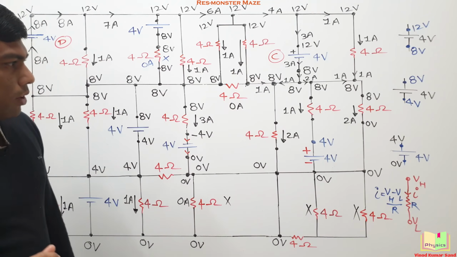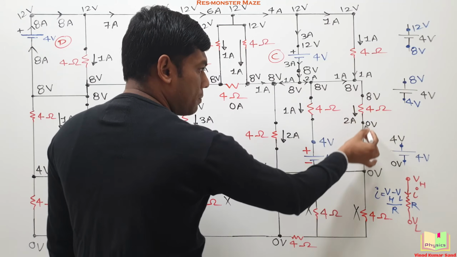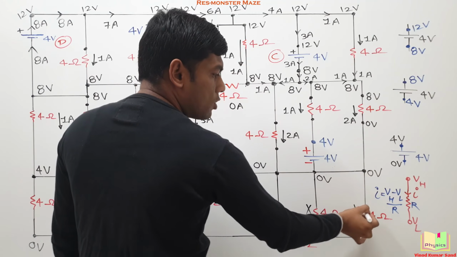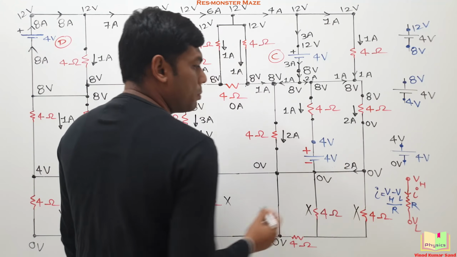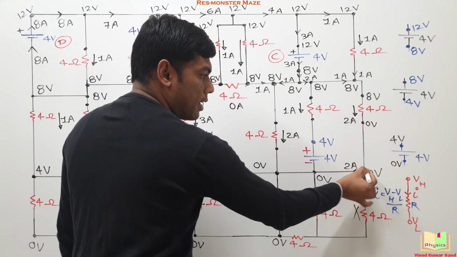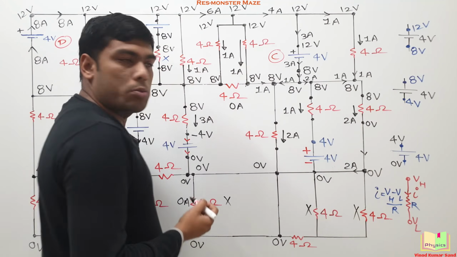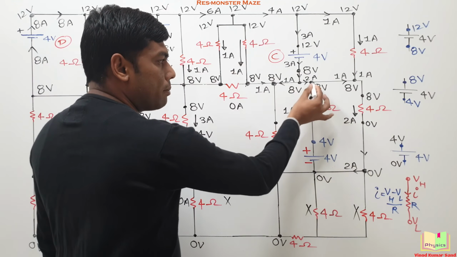Let us go further. Now look at this wire. The 2 ampere current is here, and for this junction there is no outgoing here. So this 2 ampere current should be here. Okay, this is incoming for the junction, the 2 ampere current, and the outgoing should also be 2 ampere. For this resistor, the current is 1 ampere.